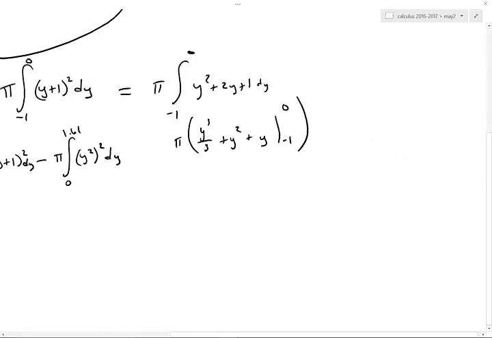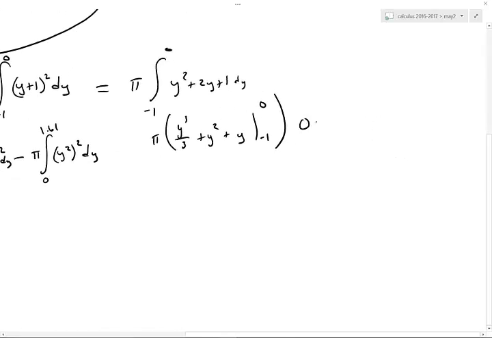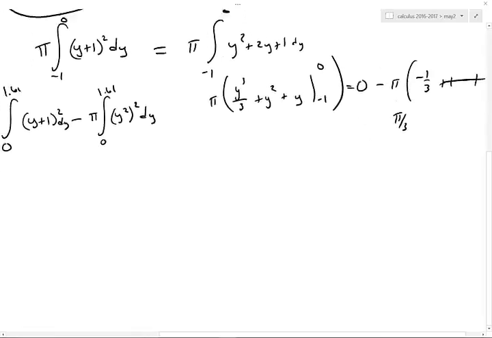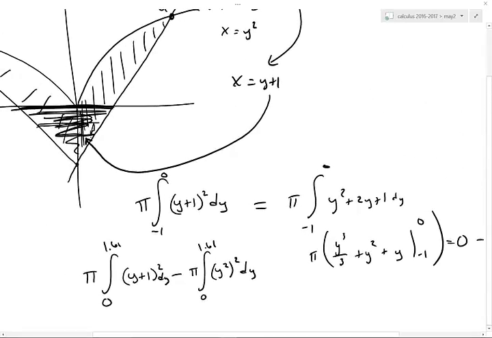And so, of course, that is at the top end a bunch of zeros, minus, and then it's -1, so it's going to be -1/3. And then it's going to be +1, -1, so just 1/3, right? I feel like that's right. So it's going to be 1/3 pi on that top end, something like that. That's the bottom piece. That's this bottom bit.